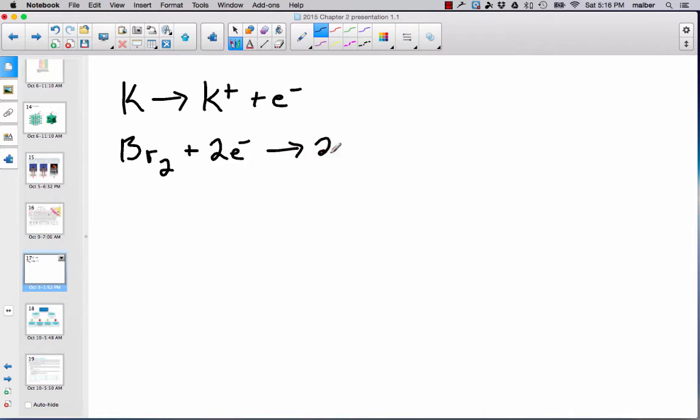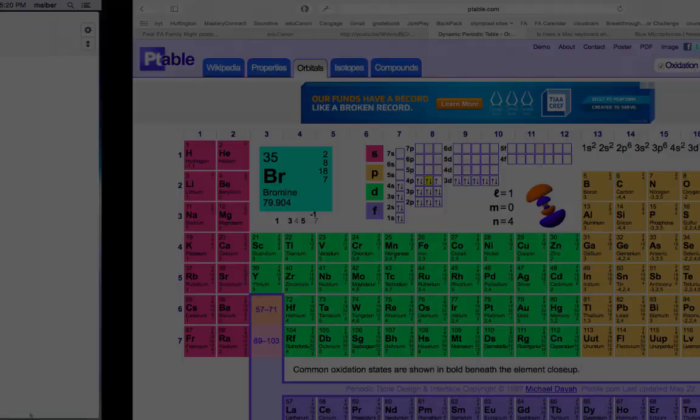So over on this side we'll have 2 Br minus ions. And then we'll have this attraction between the two, like this. And so that's the correct formula for potassium bromide.